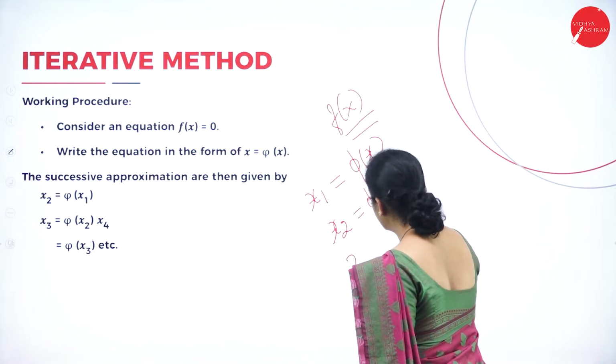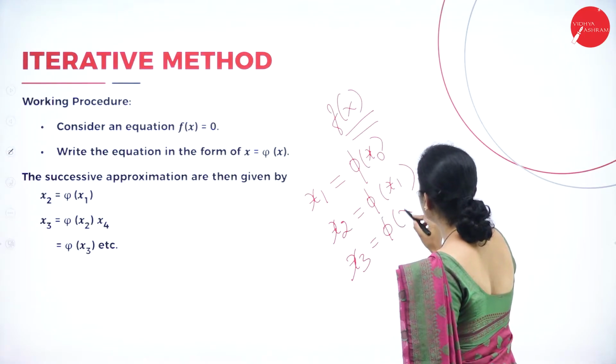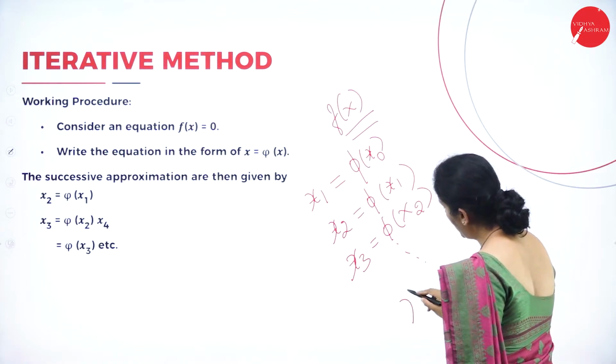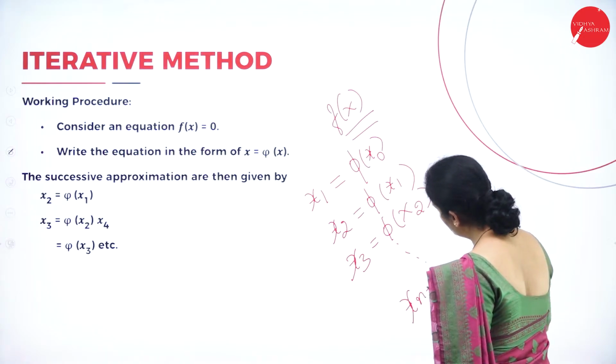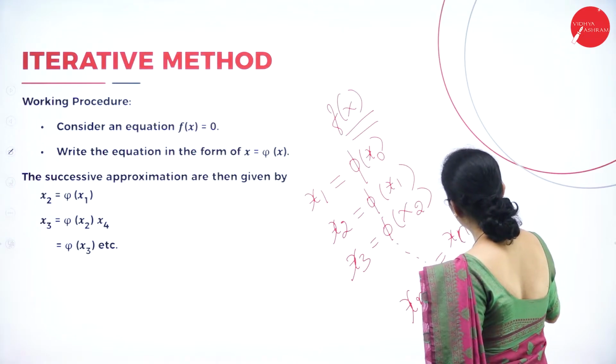For the next iteration, x3 equals pi of x2, and it continues until x n plus 1 equals pi of x n.